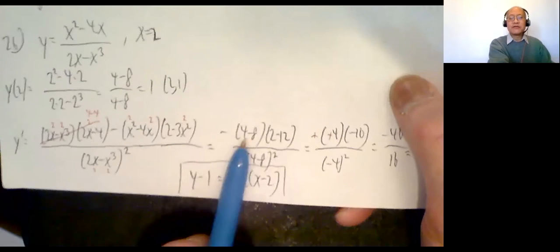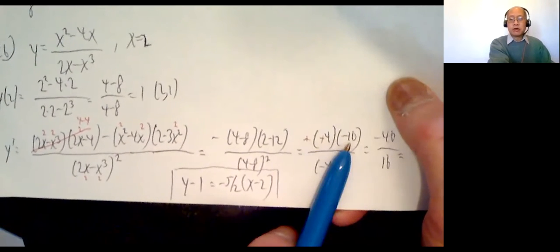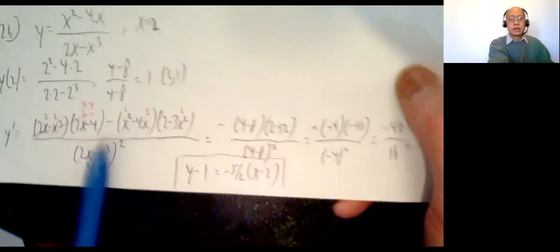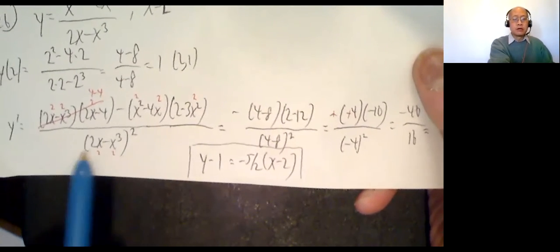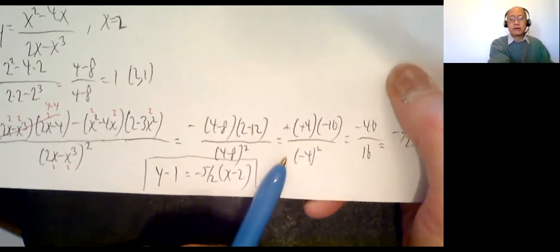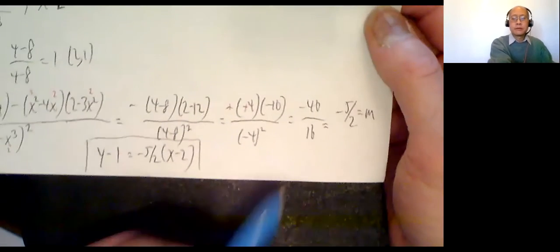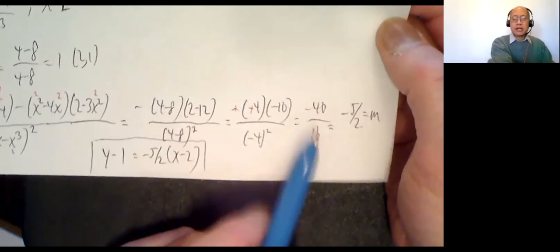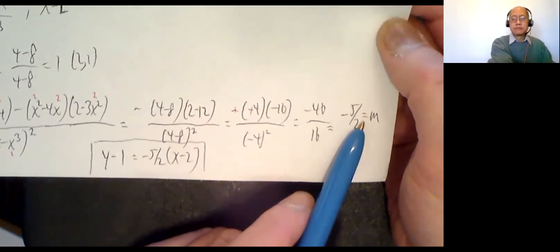So I have a negative, negative 4, double negative, positive 4. 2 minus 12 is negative 10. The bottom is 4 minus 2 cubed, which is 8. So 4 minus 8 squared, that's negative 4 squared, which is 16. So negative 40 over 16, divided top and bottom by 8, negative 5 halves is my slope, my m.